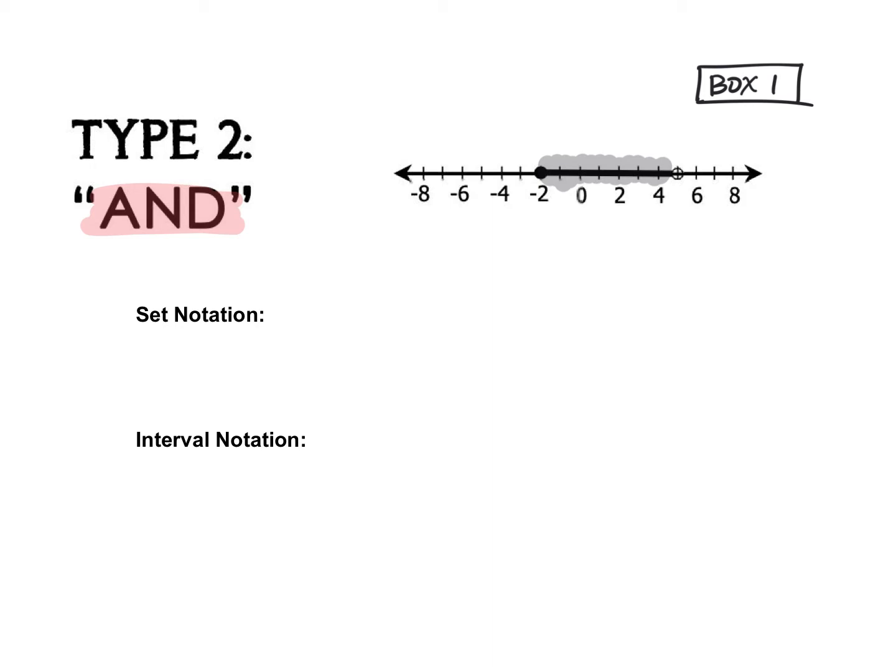Our set notation is going to be the set of x values where -2 is less than or equal to x and it's less than 5.